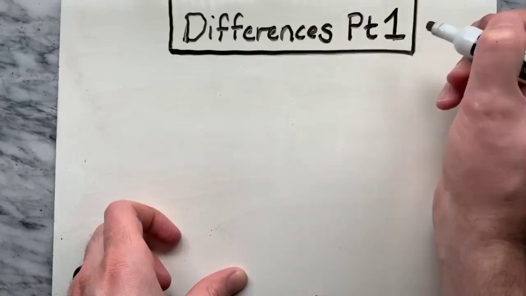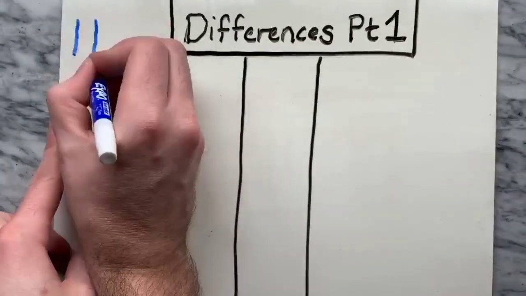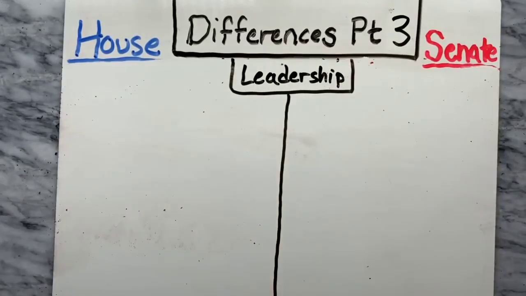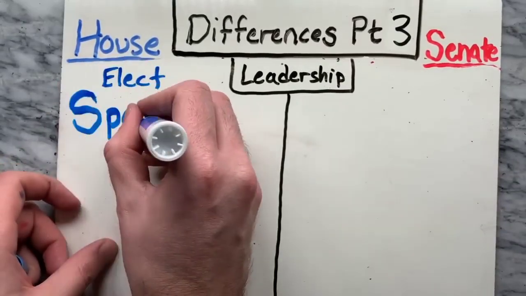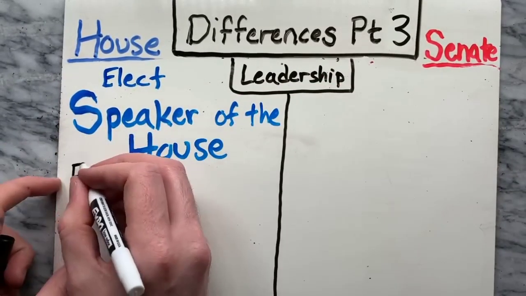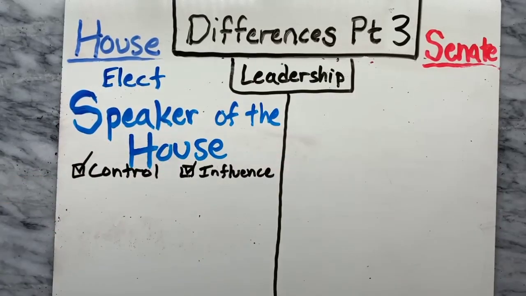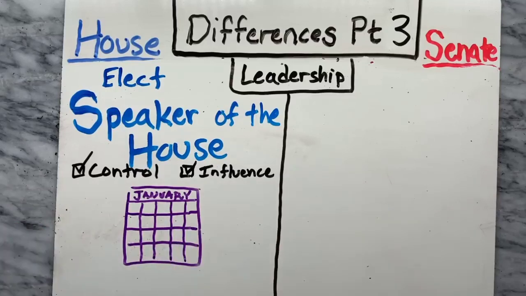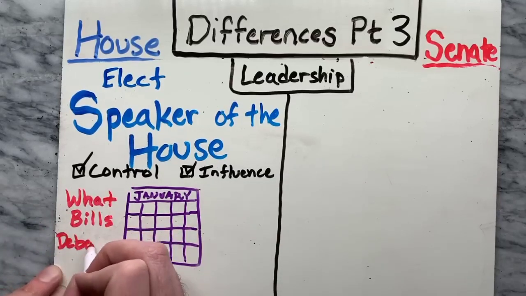Now, we want to look at the differences when it comes to leadership in the House of Representatives and in the Senate. When it comes to leadership, the speaker has influence and control in the House of Representatives.